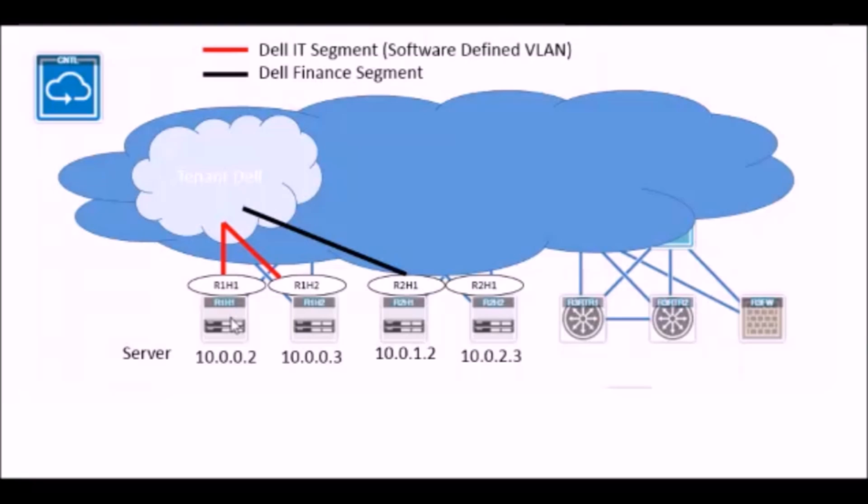So you can have different VLANs used on one segment, and you can have the same VLAN on different segments coming in to the cloud from the servers. So let's see how this looks.